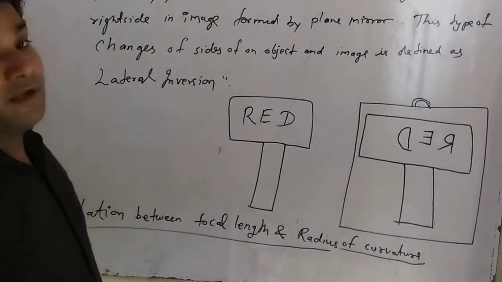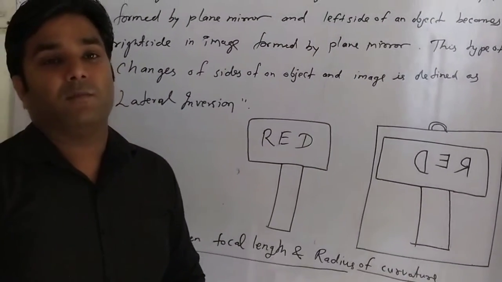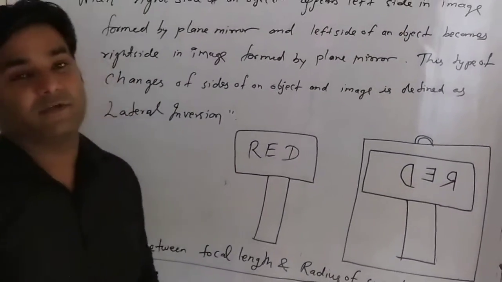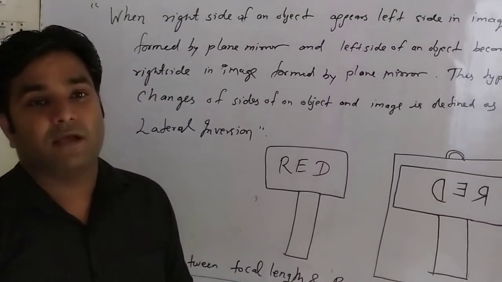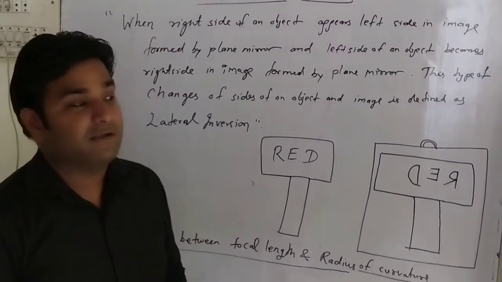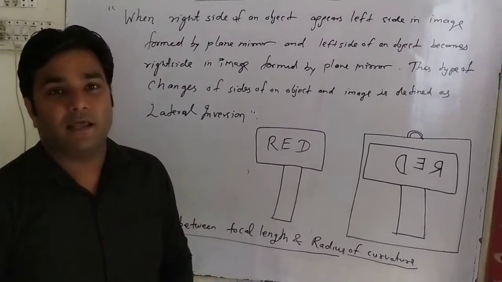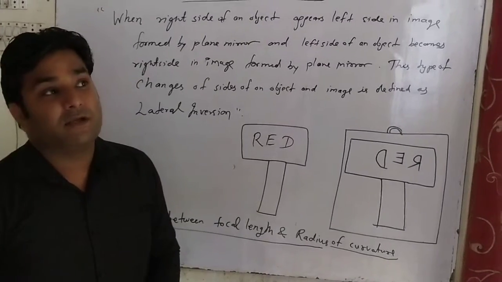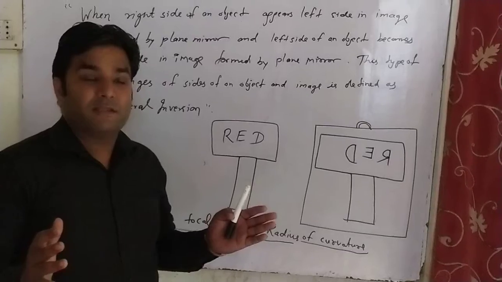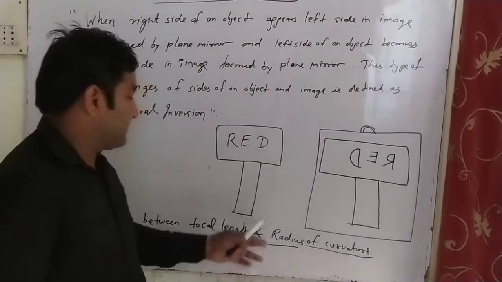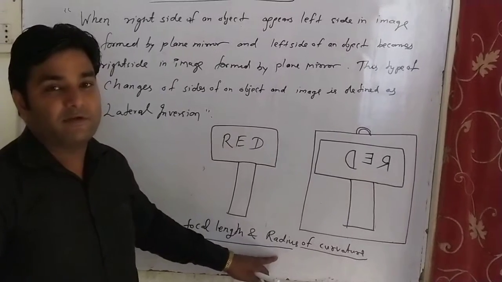A very simple concept, because we know that either a convex mirror or a concave mirror is part of a hollow sphere, and a hollow sphere we all know from previous concepts, either from mathematics or physics. A sphere has a center, radius and also diameter. So the diameter is double the radius, and here the diameter represents the radius of curvature taken twice.